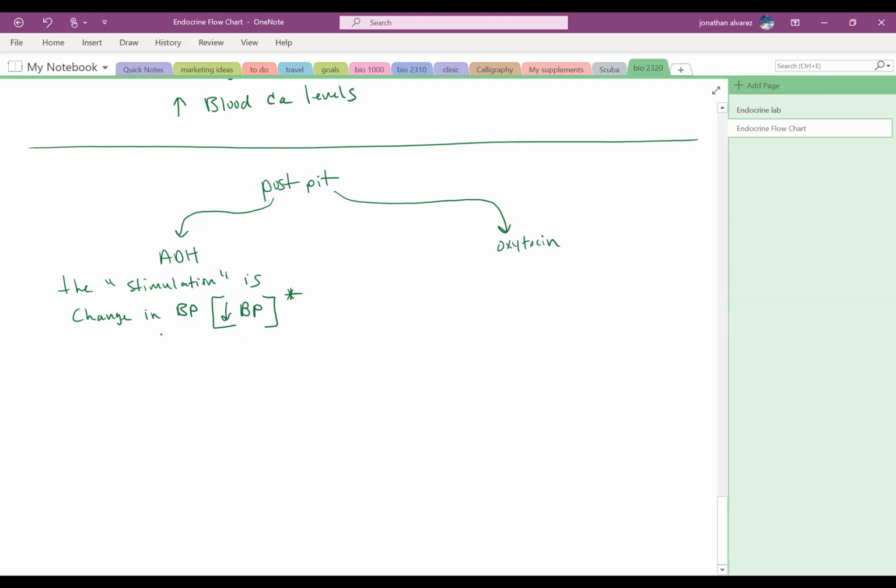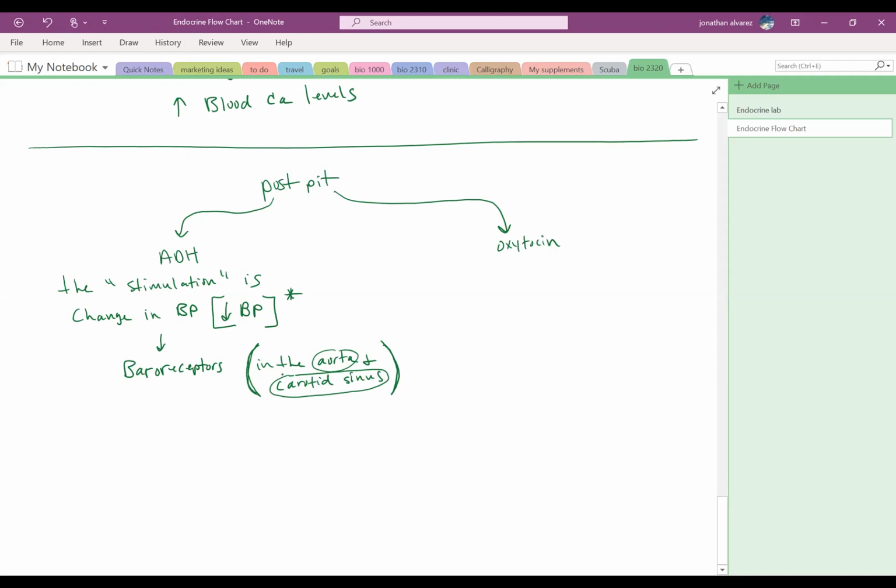This is detected by the baroreceptors in the body, which are found in the aorta and the carotid sinus, which are arteries in our body.